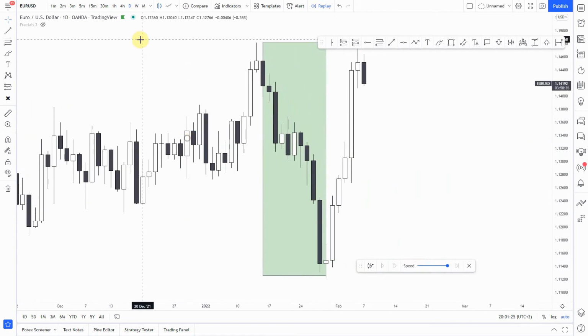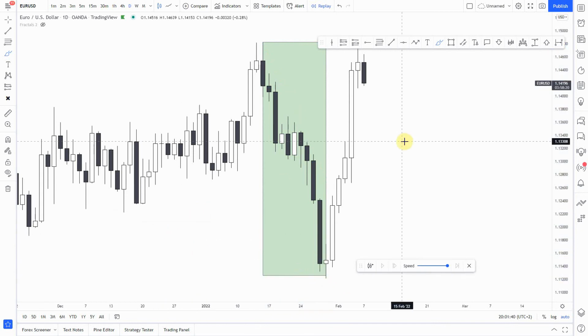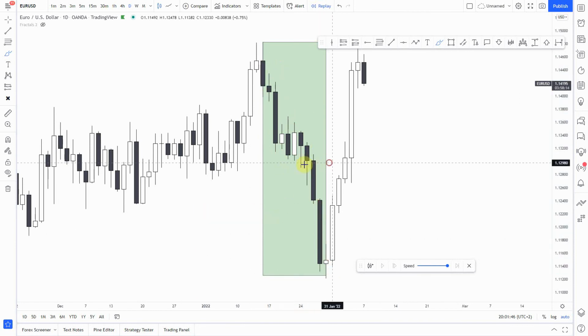For interest sake, I'm on a daily time frame. So price started falling from the 22nd, no, I think it's the 14th, up until the 27th. I'm not sure if this is about 2 weeks or 1 week, but price was falling. So you would want to use any point of interest that is closest to price.